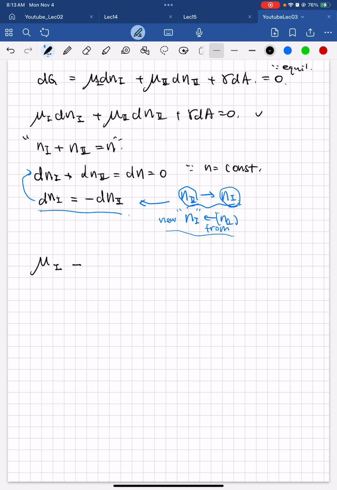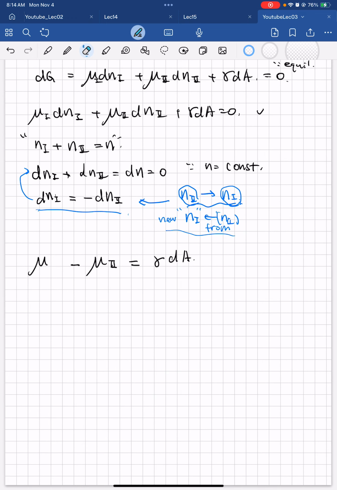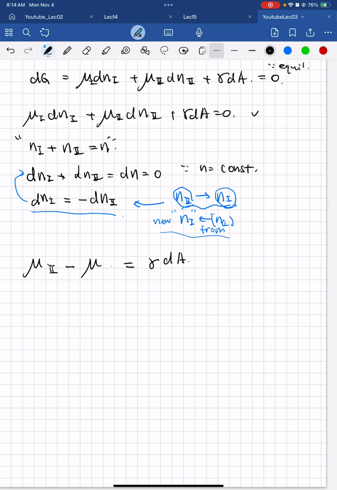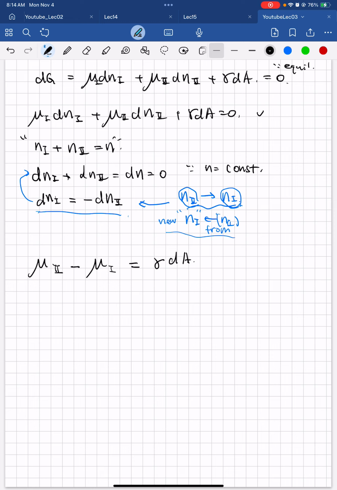Mu 1 minus mu 2 equals to gamma dA. You divide both sides by dn2, right?